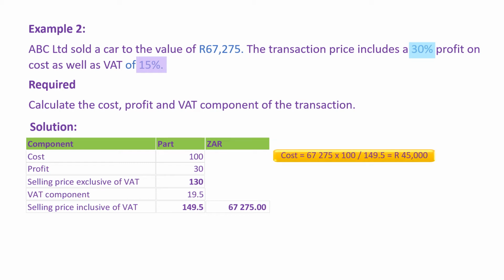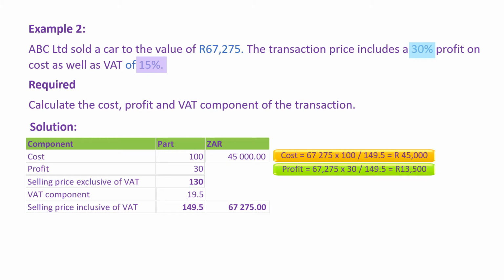So in this case, your cost would be 67,275 multiplied by 100 across, divided by 149.5, which is opposite your unknown variable. And thus you arrive at an answer of 45,000 rands.